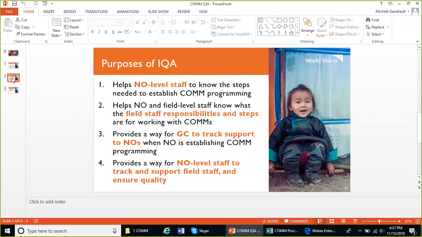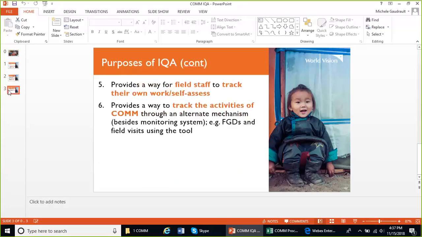It provides a way for national office level staff to track and support field staff. So the field staff can use the implementation tab themselves to track their own work. The national office staff can use it to periodically track what the field staff are doing. Field staff can track and assess their own work, right?